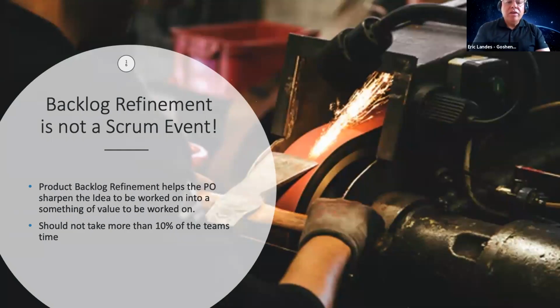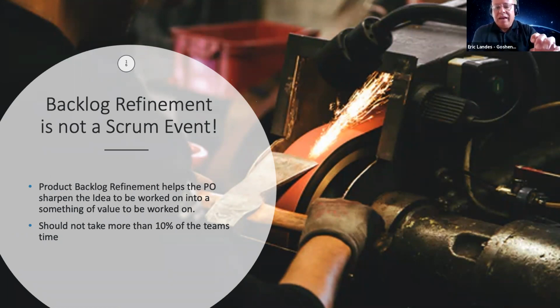So I think I mentioned this earlier, backlog refinement is not a Scrum event in the Scrum Guide. It is an ongoing activity, as we said earlier. The idea is it's going to help the PO sharpen the ideas from this amorphous kind of "I think this is going to work" into something that is valuable, that can be worked on and can be completed in a sprint, right?